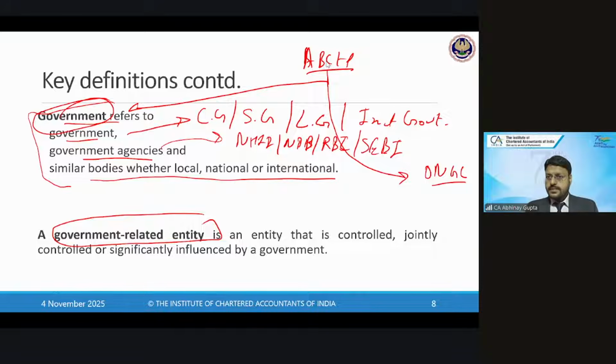Give me a second, please. I think the slider is stuck.